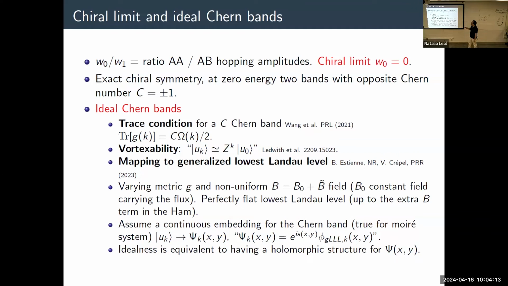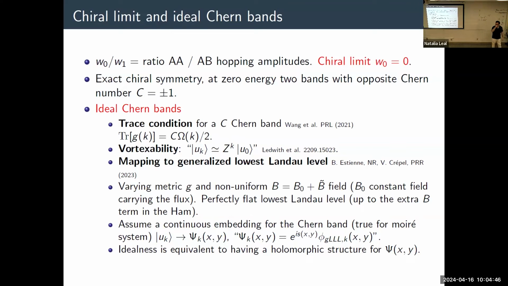And basically, the reason why twisted bilayer graphene is interesting is that you can make the twist angle a continuous parameter. There is no lattice anymore, and you can relate the wave function of the moiré bands to the one of this generalized Landau level, basically putting some holomorphic structure on the wave function of your Chern band, and TDG is one example where it works.